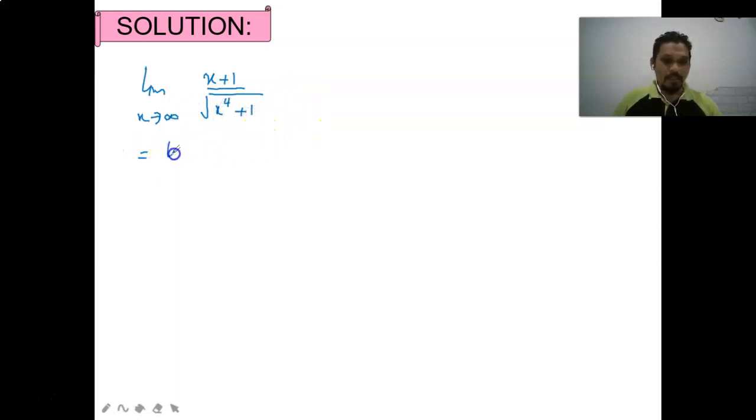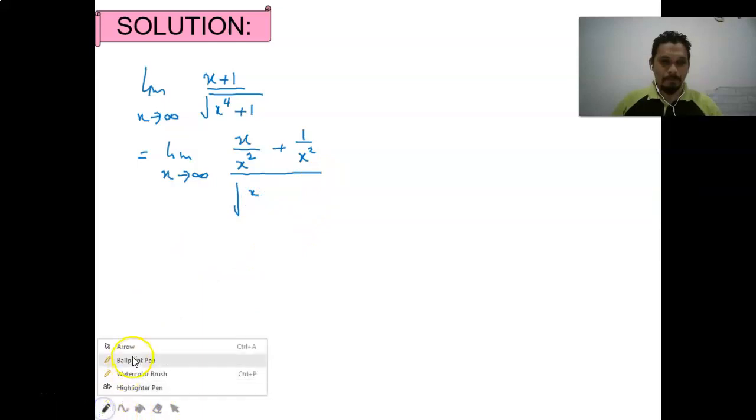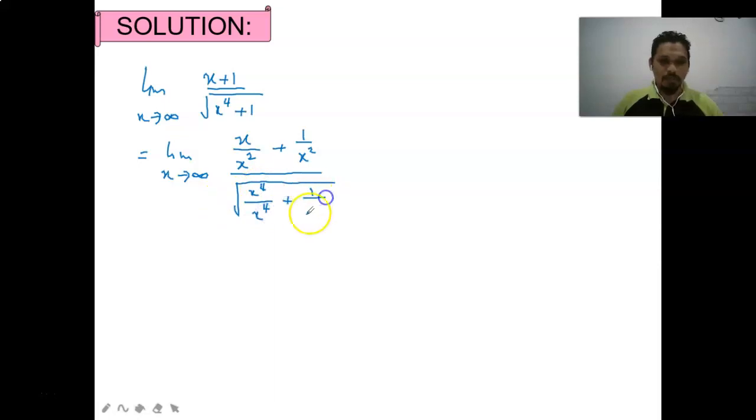Then this comes out as the limit as x approaches infinity of (x divided by x squared plus 1 over x squared) divided by the square root of x to the power of 4 divided by x to the power of 4 plus 1 over x to the power of 4.